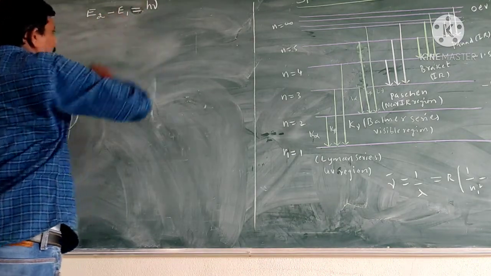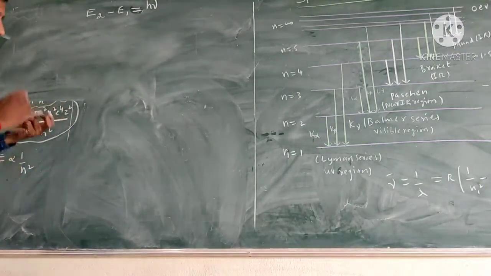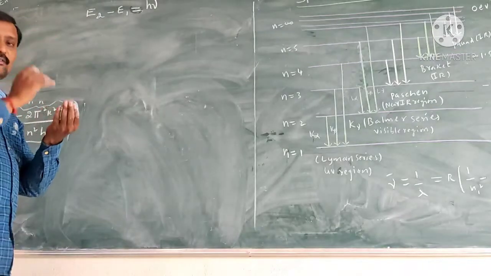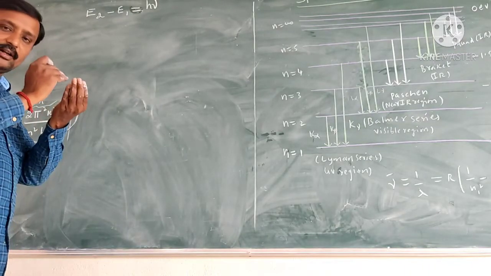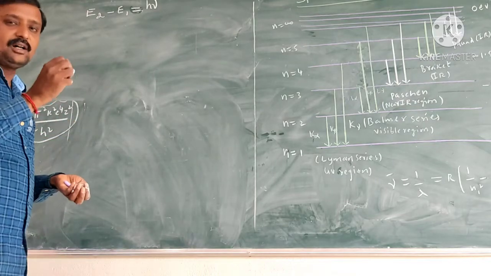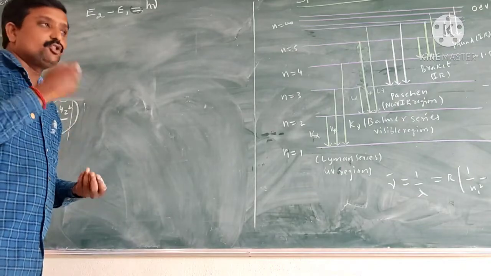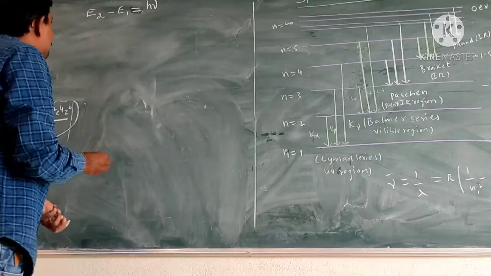When the electron jumps from one energy level to another, it emits or absorbs some amount of energy, and the energy should be equal to h nu.